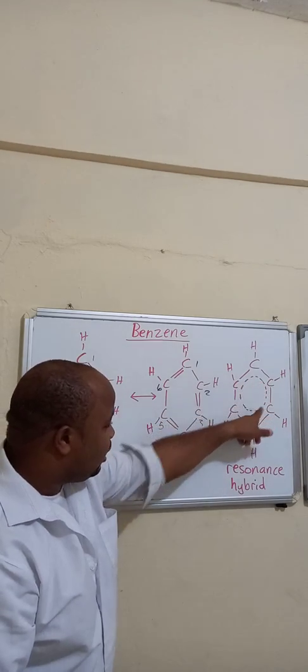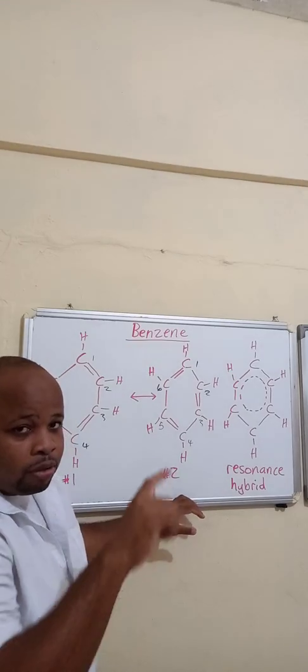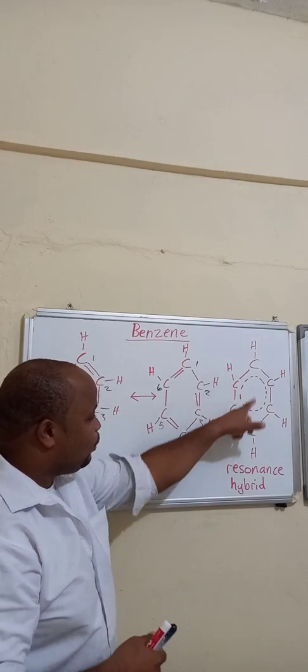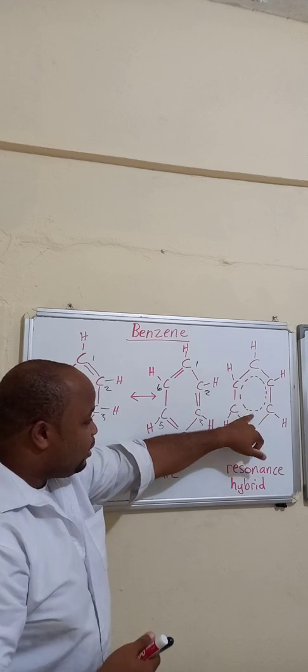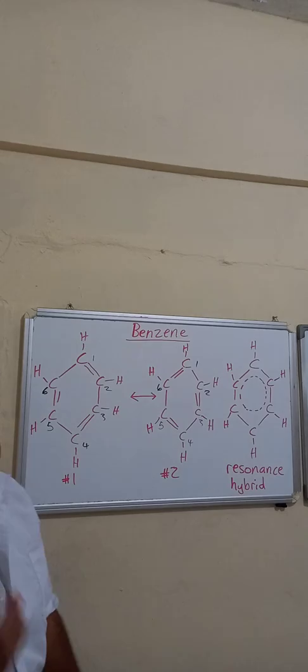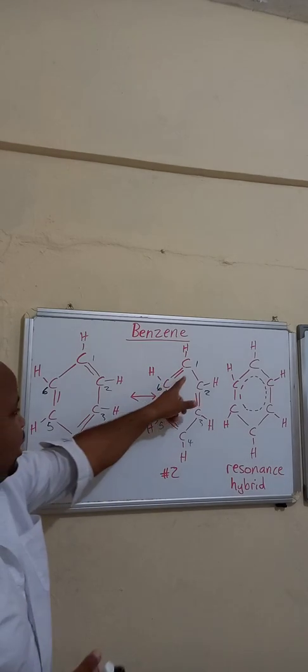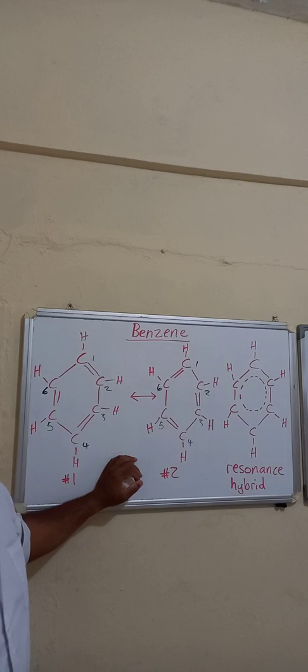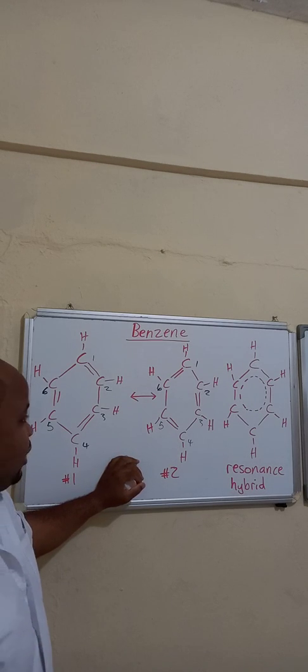Now the dotted line or a full, complete circle with solid line is showing that the electrons are delocalized and not in any position. And this will become important for the reactions of benzene.